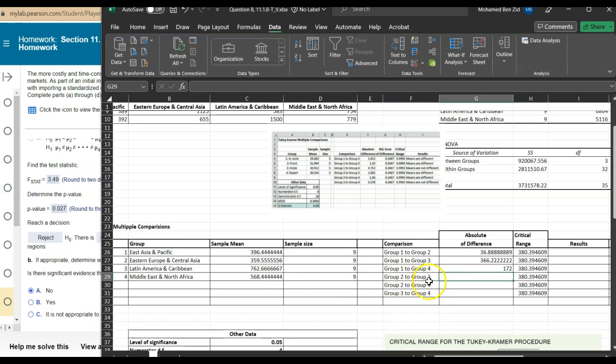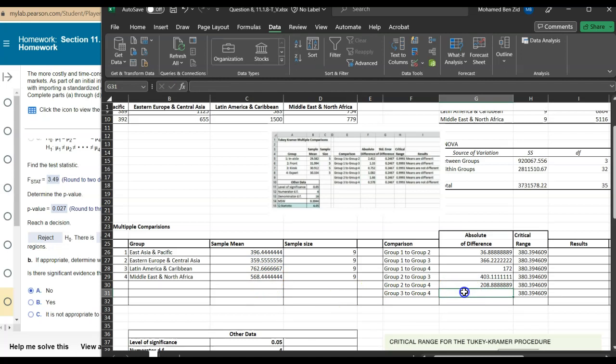Now we have groups 2 and 3, so you type equal sign, absolute value, and we do the second one minus the third one, and enter. Then equals absolute value again, for groups 2 and 4, so the second one minus the fourth one.